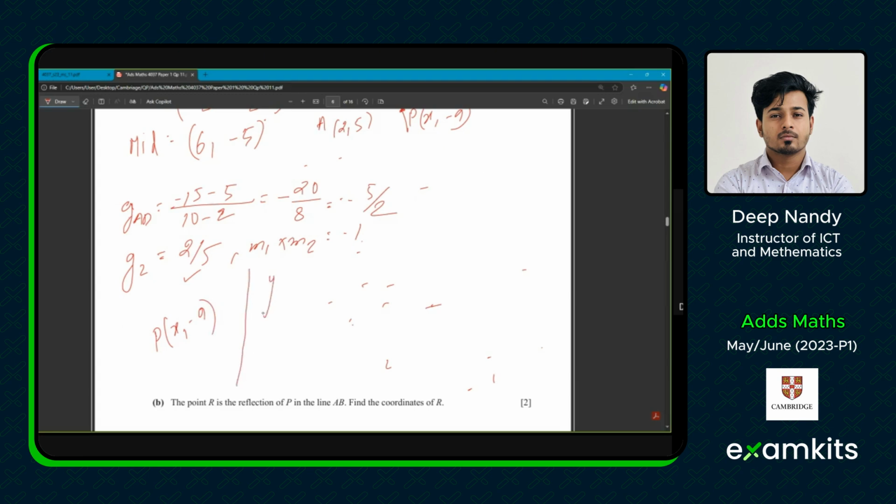So y plus 5 equals 2 by 5 times (x minus 6). 5y plus 25 equals 2x minus 12. 5y equals 2x minus 12 minus 25. So y equals 2 by 5 x minus 37.